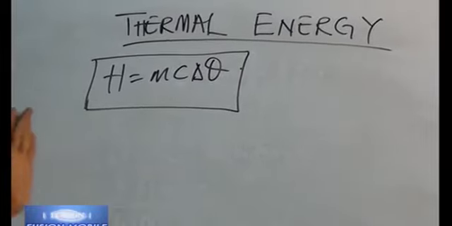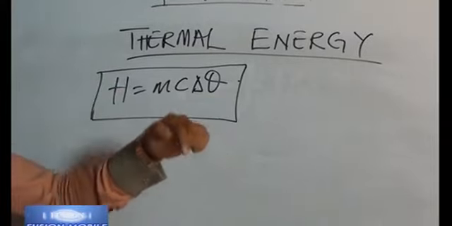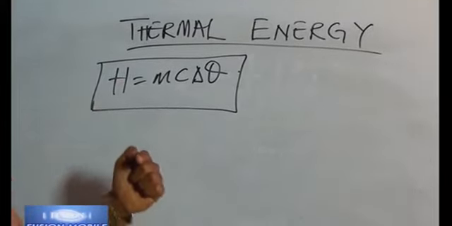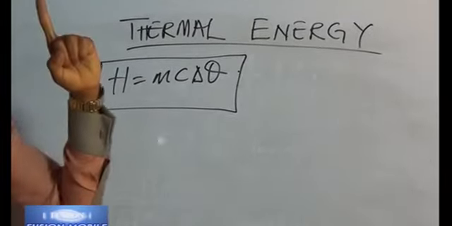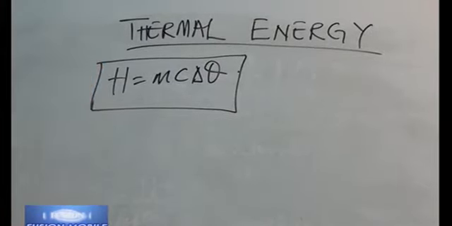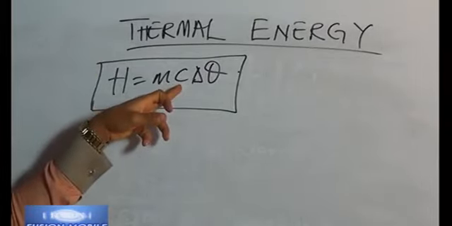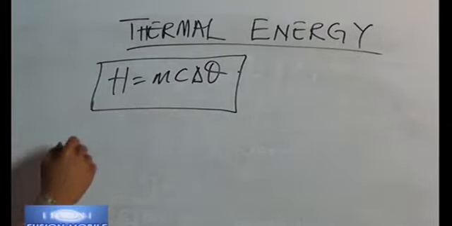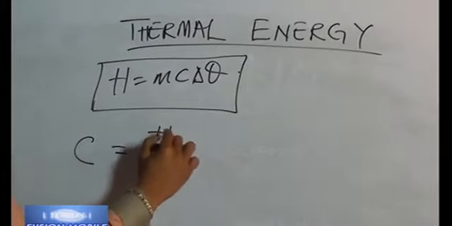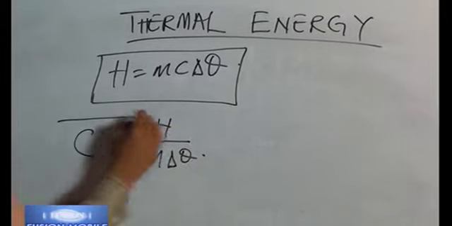Specific heat capacity simply means the quantity of heat required to raise the temperature of a unit mass of a body through 1 degree rise in temperature. Now, from this equation of quantity of heat, making C the subject of the formula, we have C equal to H all over m delta theta.